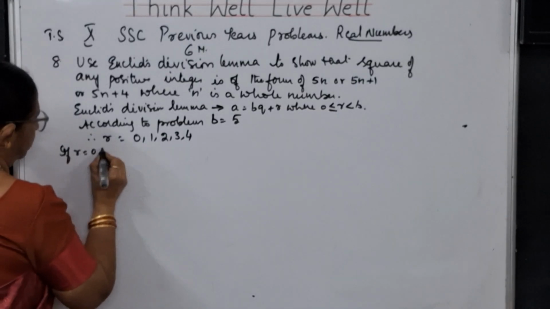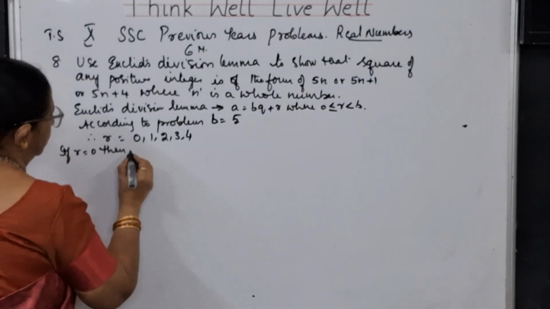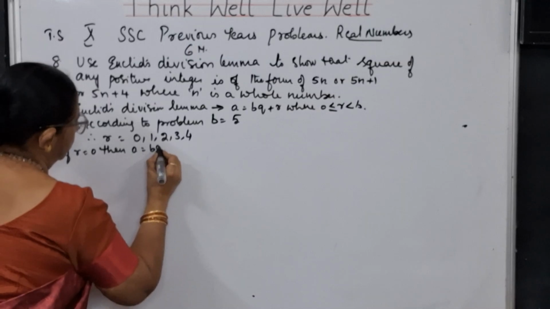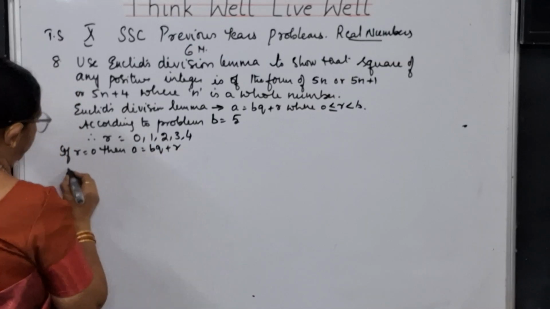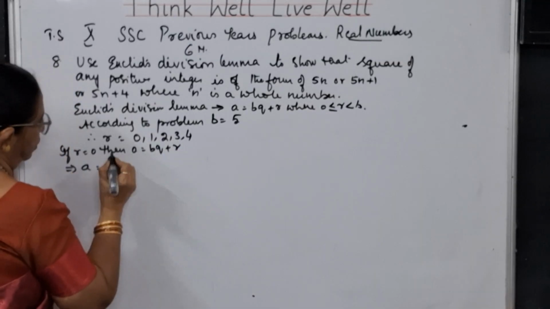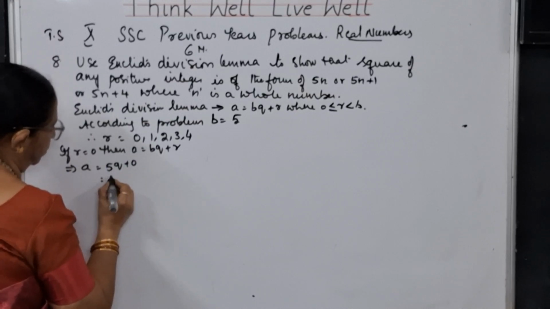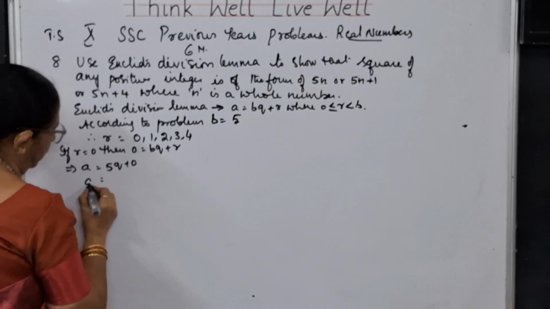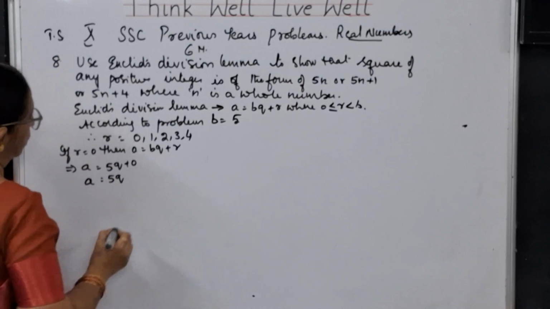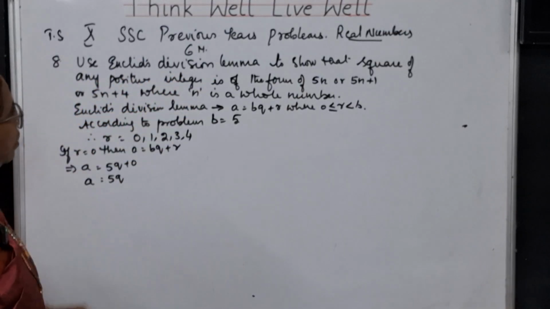If R is equal to 0, then A is equal to BQ plus R. This implies A is equal to 5Q plus 0, that is A is equal to 5Q. Now, what does the problem say?